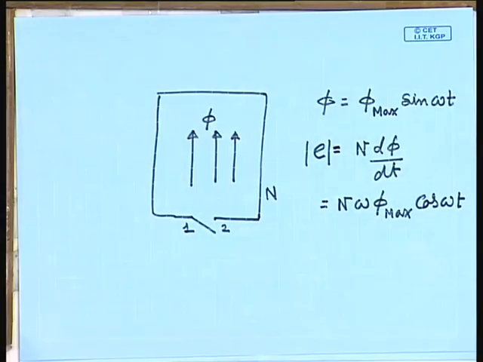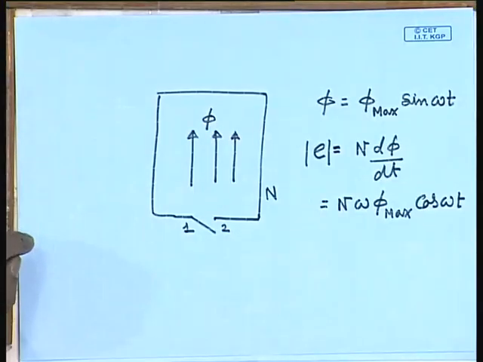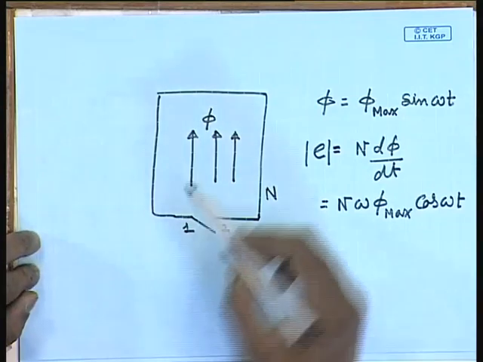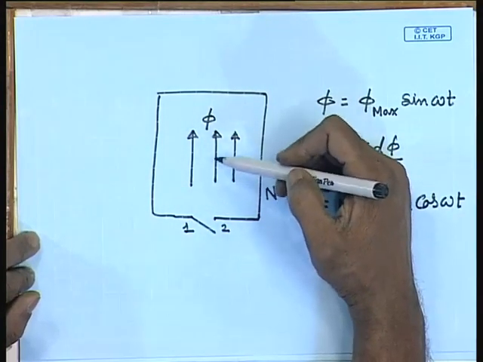And the direction of the polarity of the induced voltage will be such that it will tend to oppose the very cause to which it is due. What is the cause? That is the changing of the flux.